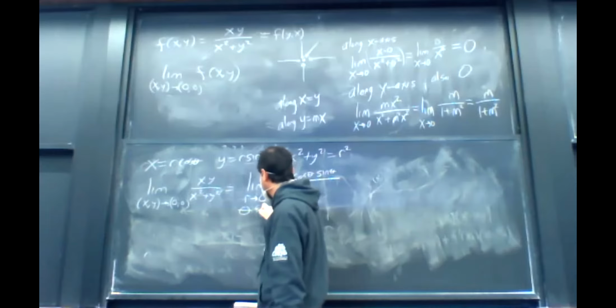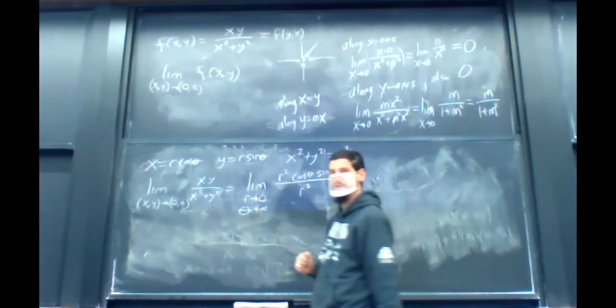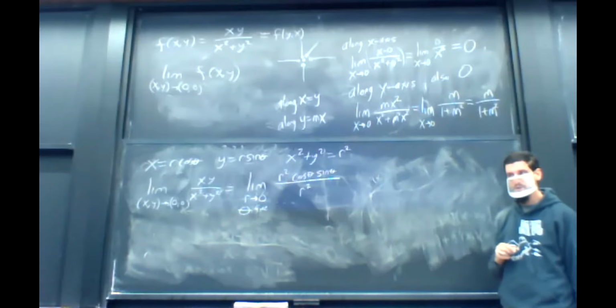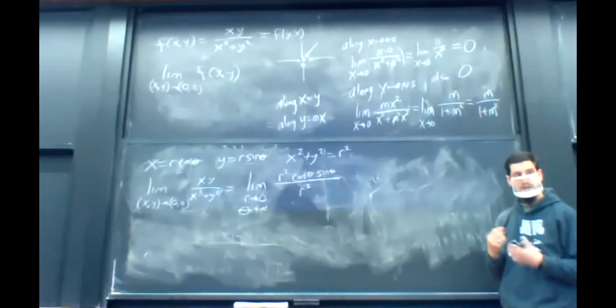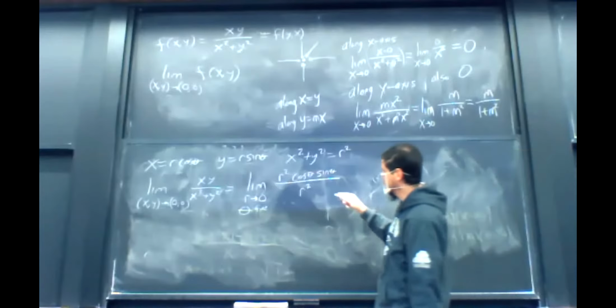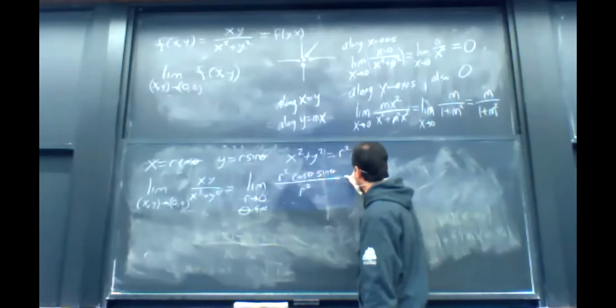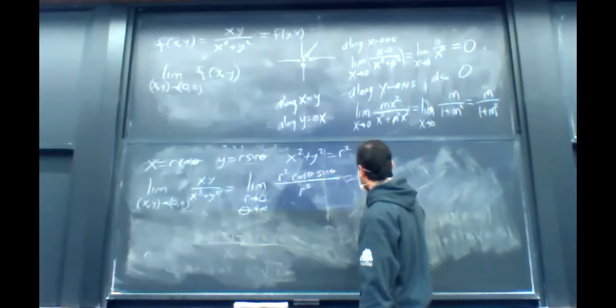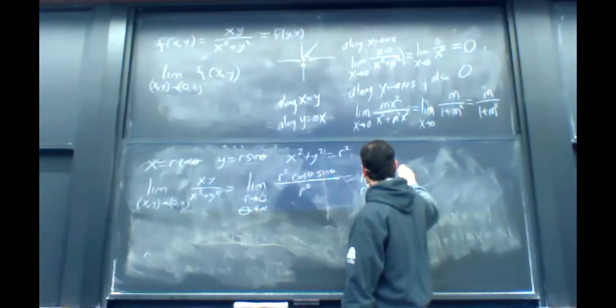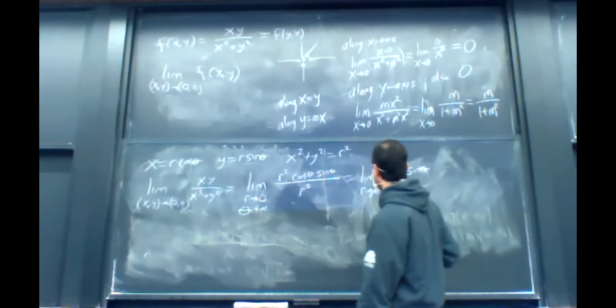Theta is free to do whatever it wants. And that's how you get all those strange paths. So if we just study the limit as r goes to 0, then theta can do whatever it wants. Oh, well, the r squared canceled, and this is just the limit as r goes to 0 of cosine theta sine theta.